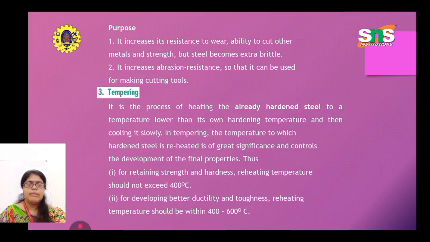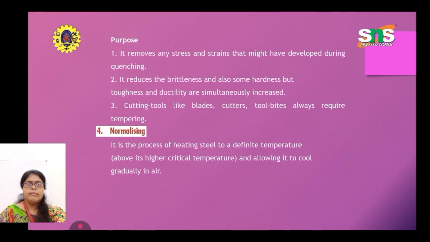For developing better ductility, the reheating temperature should be within 400 to 600 degrees centigrade. Purpose: it removes any stress and strain, and reduces the brittleness and also some hardness. Cutting tools like blades and cutters require tempering.